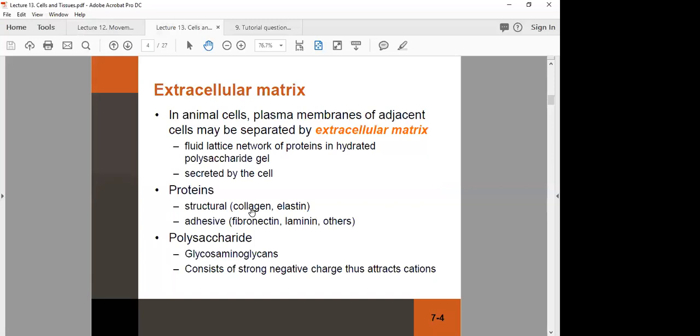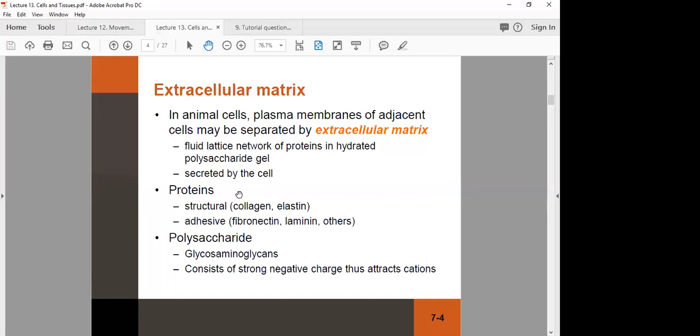So that illustrates how tough collagen is. Collagen has high tensile strength, but very low stretchability, which is referred to as elasticity. Now, in contrast to collagen, elastin proteins have very low tensile strength but high elasticity.